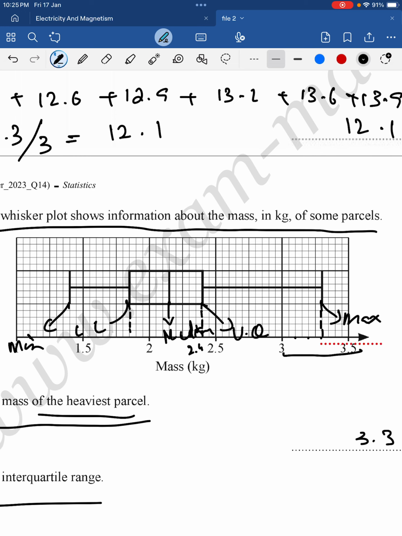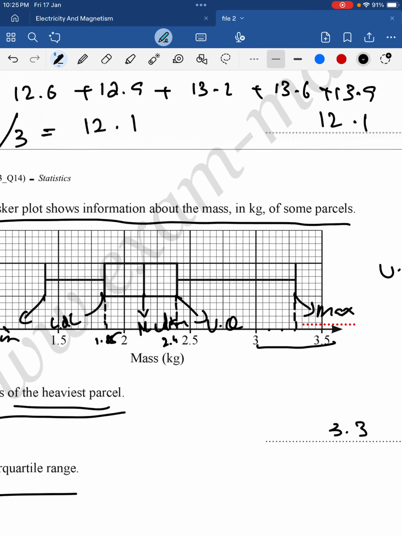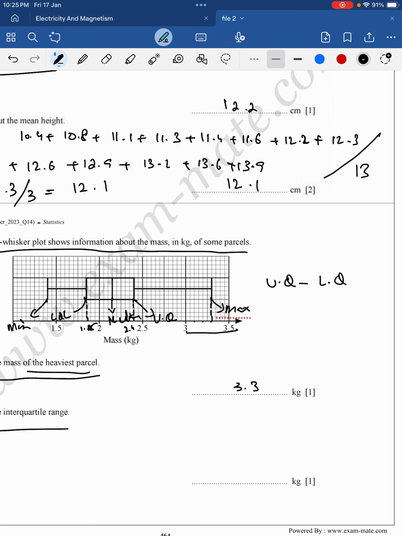This is the lower quartile, and the data over here is 1.5, this is 1.75, this is 1.8, 1.85, right? 1.85, and the upper quartile is 2.4. So 2.4 minus 1.85 will be the interquartile range.